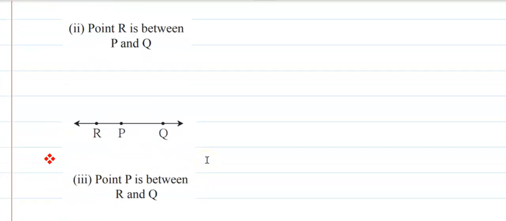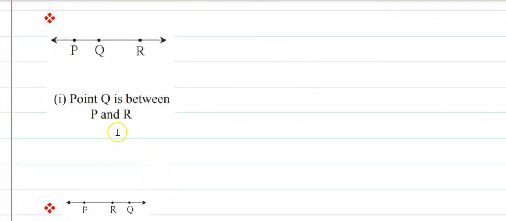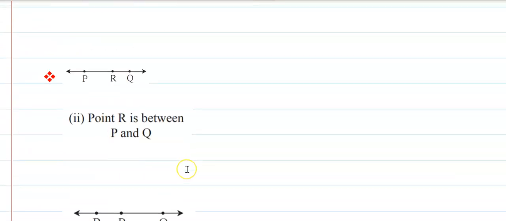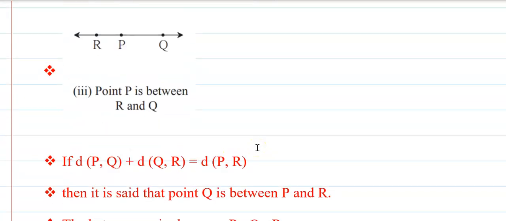Now the third possibility is that the point P is in between R and Q. Therefore, if we have any 3 points, there are 3 possibilities for the betweenness. That is, Q is in between P and R. Next, R is between P and Q. And last, P is in between R and Q.